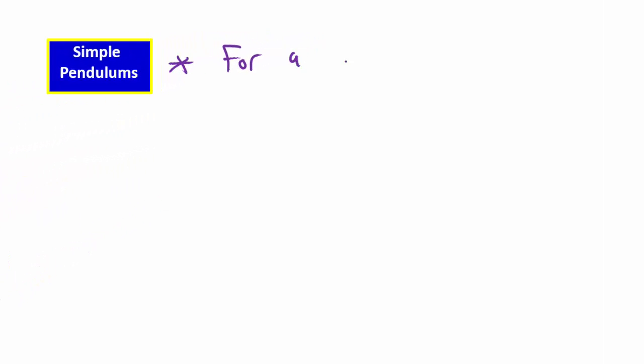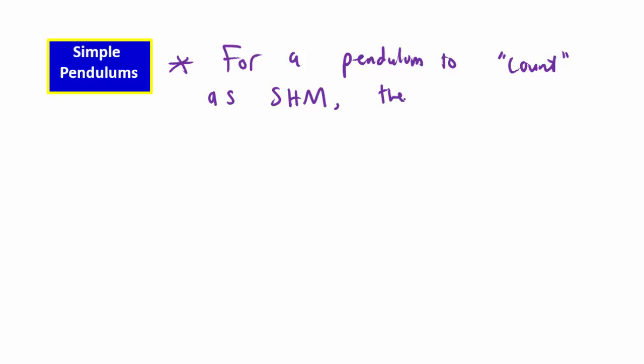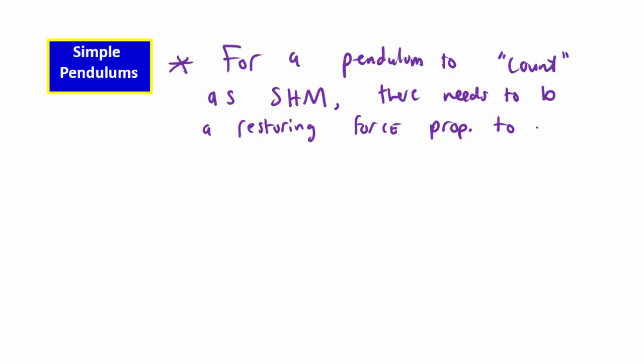So for a pendulum to count as SHM, simple harmonic motion, there needs to be a restoring force, and that restoring force has to be proportional to the displacement from equilibrium.